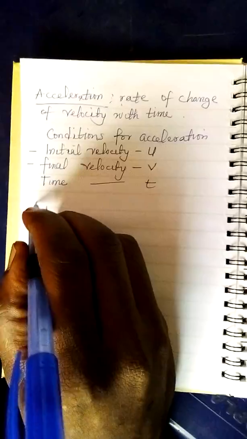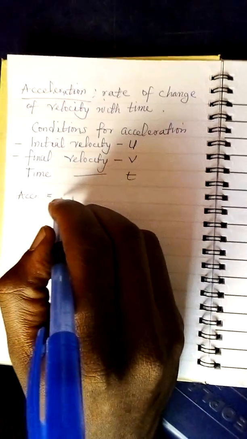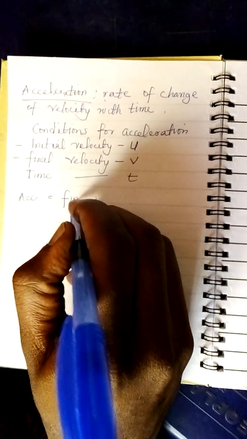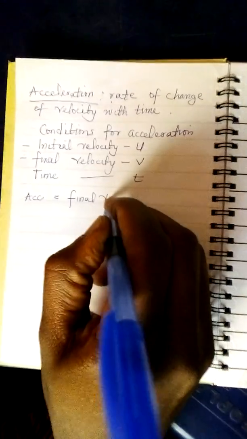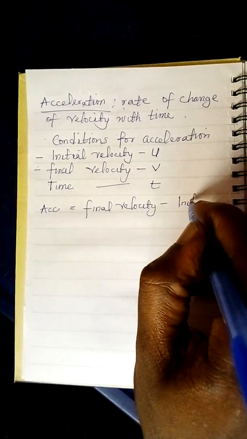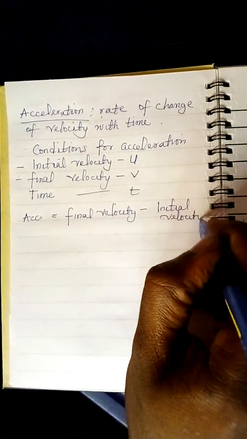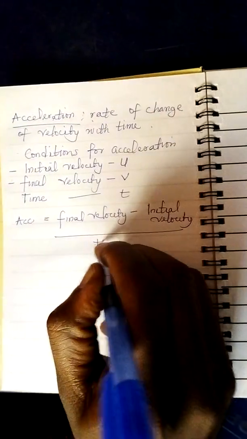So acceleration is simply going to be the final velocity minus the initial velocity over time.